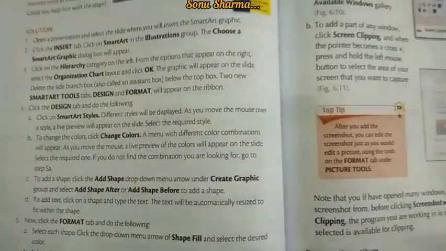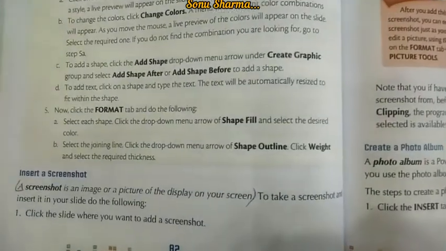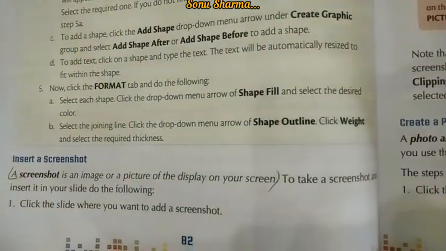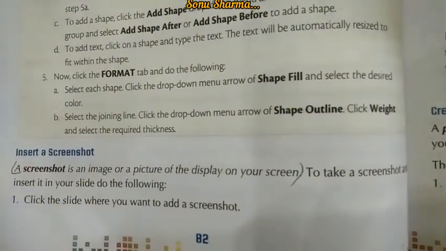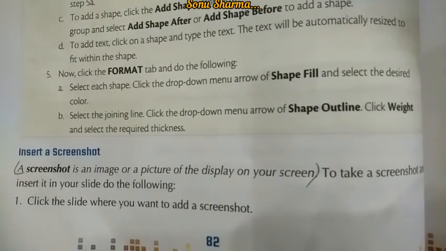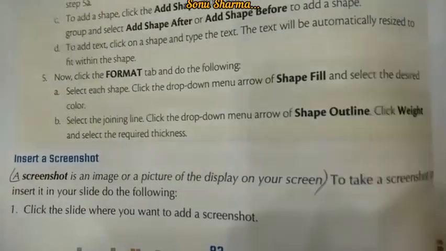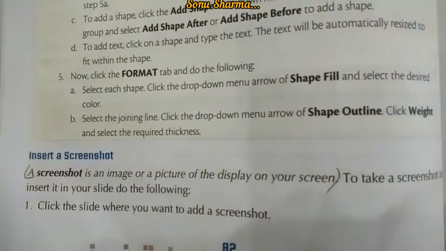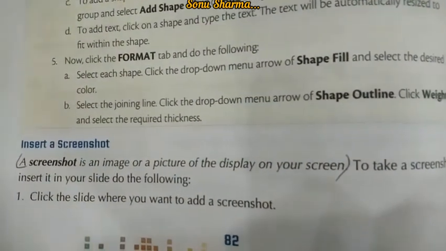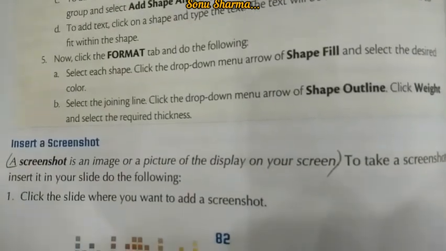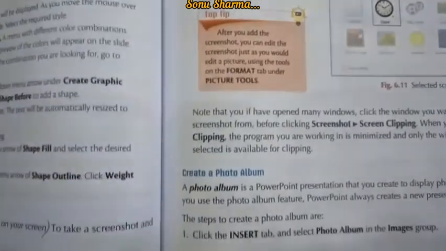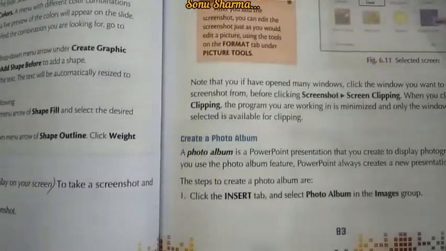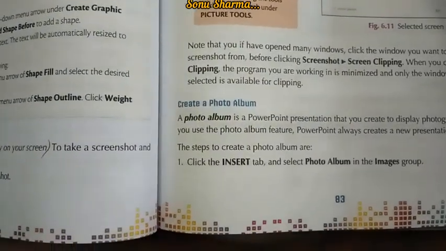Then on the next page you can see inserting a screenshot. All of you know how to take a screenshot. On your mobile you take a screenshot of a picture, by moving three fingers from top to bottom on the screen. But here, how to take a screenshot in the presentation is given. After that we'll create a photo album.